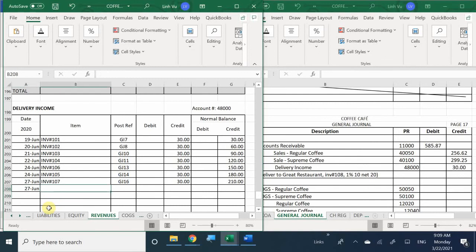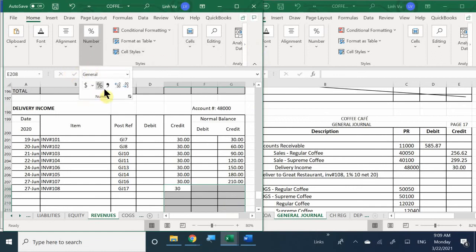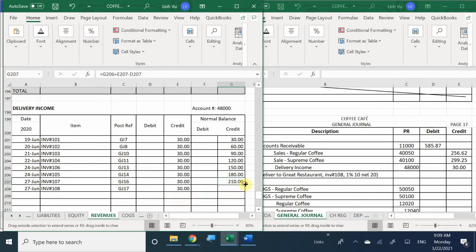So another $30 for invoice number 108. General Journal 17 for $30. Okay. So what's my grand total here? $240.